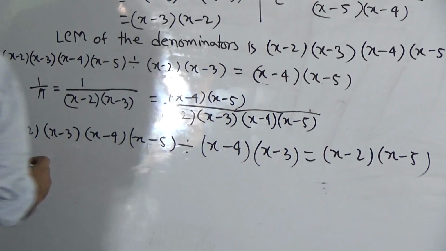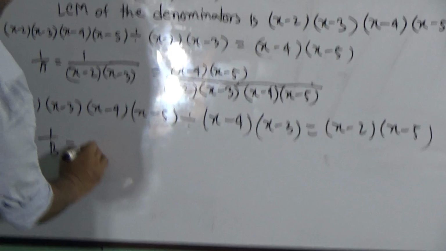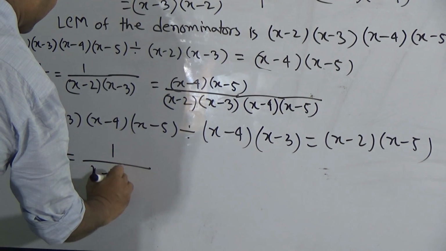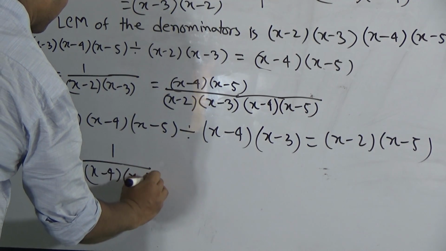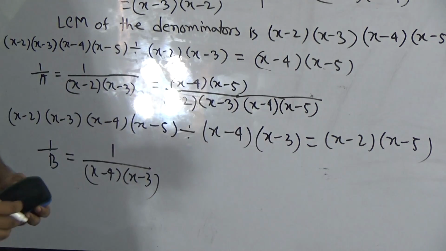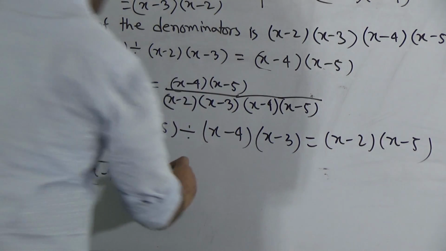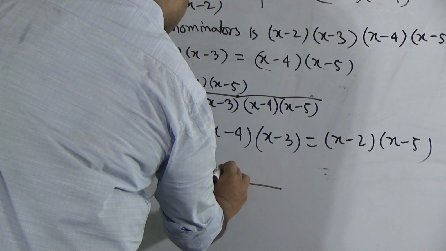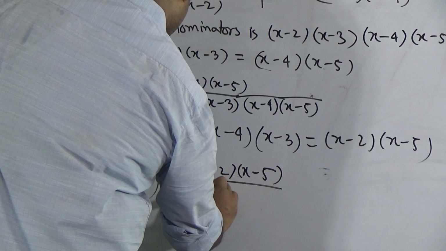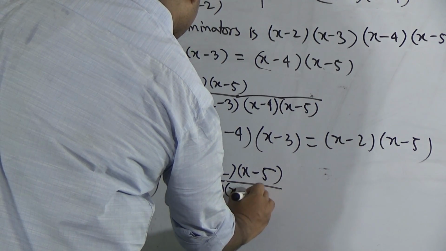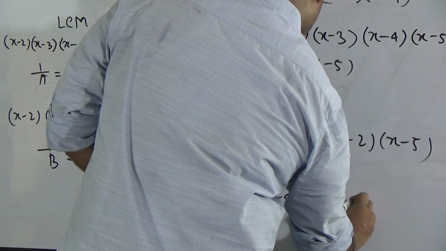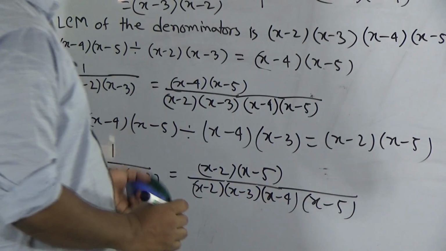Now we write 1 by b equal to 1 by x minus 4 into x minus 3, multiplying both numerator and denominator by x minus 2 into x minus 5, and we get x minus 2 into x minus 5 over x minus 2, x minus 3, x minus 4, x minus 5. Second one is done.